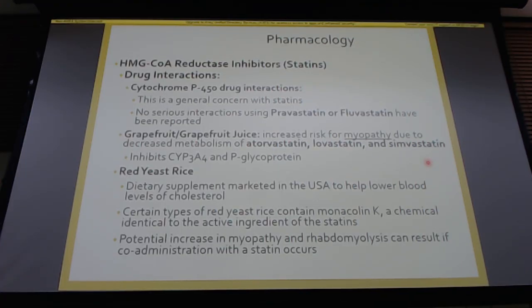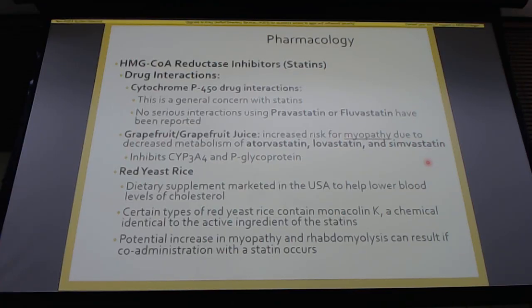Then you see your cytochrome P450 interaction. So again, all of our drugs interacting with those CYPs. What I want you to know is that your pravastatin and your fluvastatin are your ones that are least likely to have all of those CYP interactions. And then red yeast rice. I don't hear about this as much anymore, but this is a supplement that people can buy over the counter that claims to reduce blood pressure, and some people say that it does effectively work.